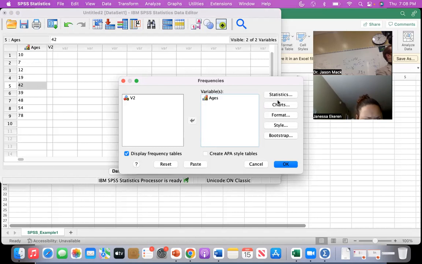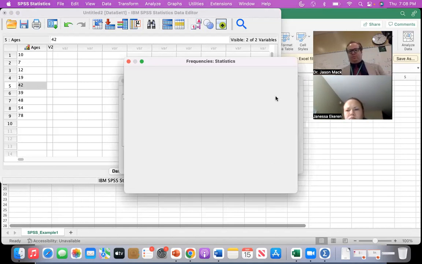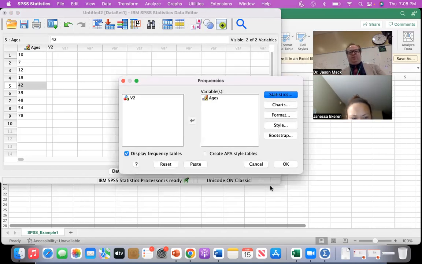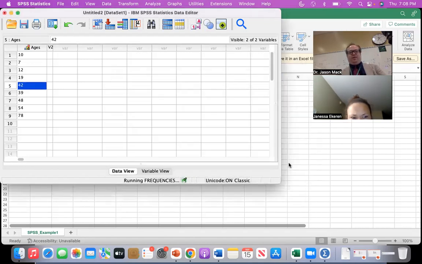You take ages, which we labeled, which is this column, you move it over and click on Statistics. You click on Variable View to name it. After Descriptive Statistics, Frequencies, and then click on Statistics and check what you want. So let's just check the mean and click Continue, and then OK.